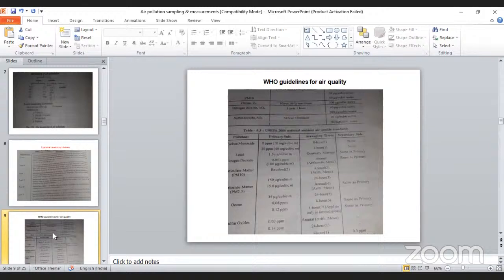There we have to create the vacuum, then it easily sucks the air with pollutant from the atmosphere, then it goes to the collection medium, sucking and releasing by pressure difference. Under vacuum it is sucked, and at the end of the unit the pressure is not vacuum, so it easily comes out.